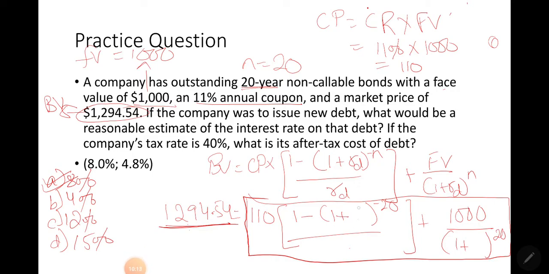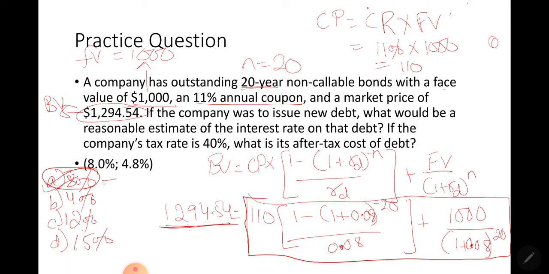So instead of writing RD, you will put 8% over here, the rate 8% here as well, and the rate 8% here as well. Then you will solve this in the calculator and your answer will come 1294.54 on 8%. So you will know that this is the correct answer. If you try the other interest rates, you will see that the answer will not come exactly this.